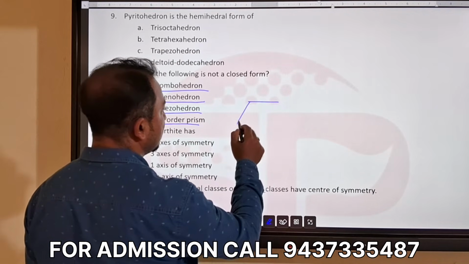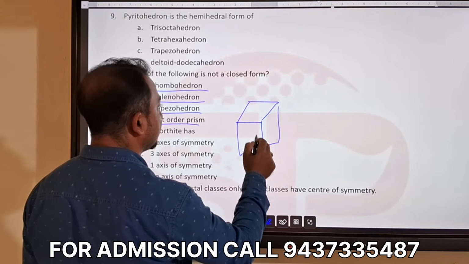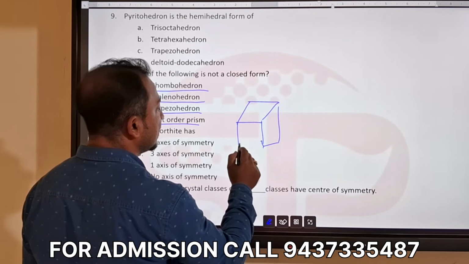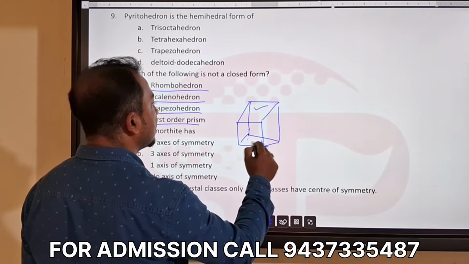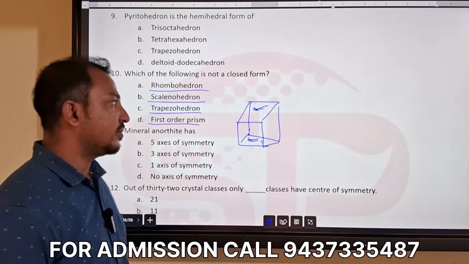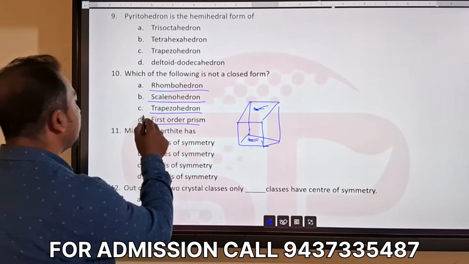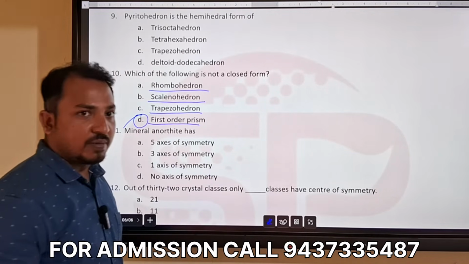So first order prism is like this, it has 4 vertical faces. There is no face along top and bottom. If you only take these 4 faces, they will be considered a prism. So prism is always an open form. Remember, prism is always an open form.